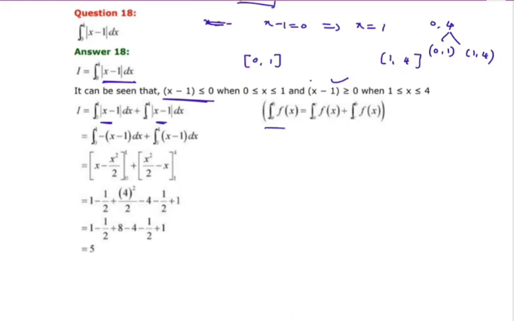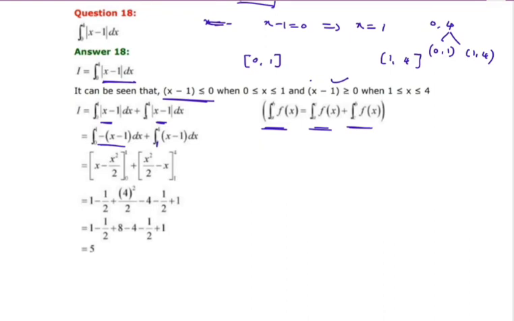Now the integral of mod x minus 1 can be written, by using the property of the integral from a to b equals a to c plus c to b, that is property number 3. So the integral from 0 to 1 with the negative function, minus of x minus 1 dx, plus the second one, from 1 to 4, x minus 1 dx.